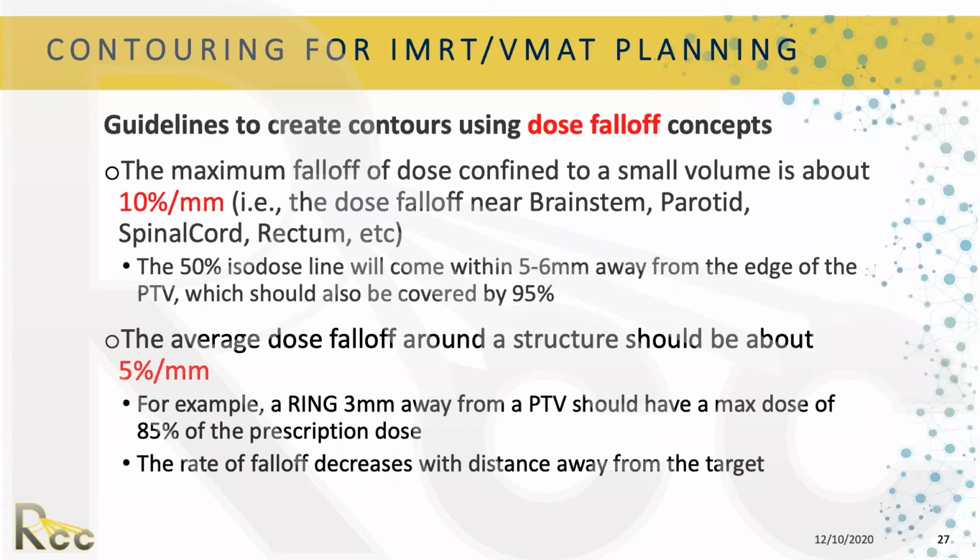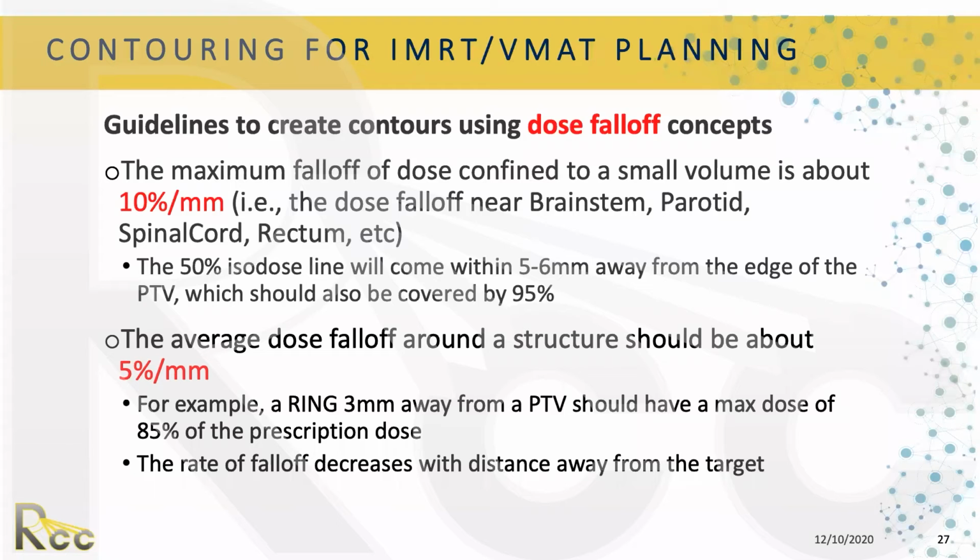There are other things to be considered when we are talking about planning. The other concept is that the average dose fall-off around a structure should be about 5% per millimeter. For example, if you create a ring, which I'm going to explain in a little bit, which is basically like a band around the PTV, a ring 3 millimeters away from the PTV should have a maximum dose of 85% of the prescription dose.